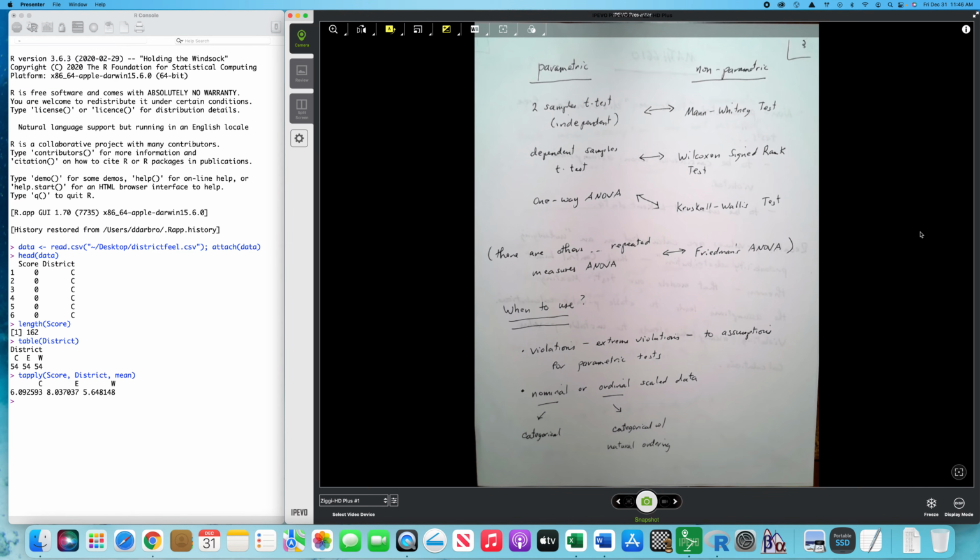So when to use them? Well, if we have extreme violations of the assumptions, then we should consider non-parametric tests. Now, I don't want you to throw the baby out with the bathwater. If you're running a standard Anova design and you violate independence, then you can't proceed.